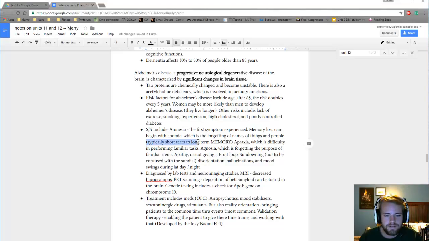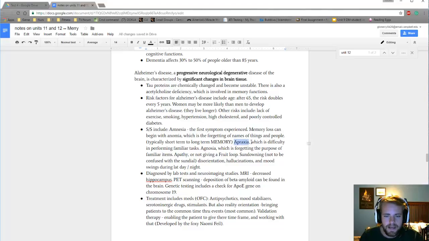So it's typically short-term to long-term memory, so you'll first forget what you ate that morning instead of forgetting your name or forgetting how to dress, because you learned that a long time ago. It's the short memory, things on the day-to-day that become difficult.